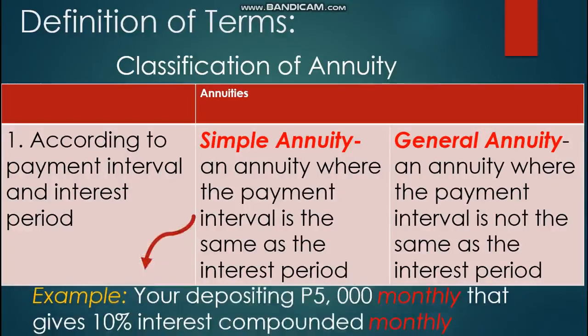For example, nag-deposit ka ng 5,000 monthly, and it gives 10% interest compounded monthly. So mapapansin nyo, yung payment interval is monthly, ang interest period mo is also monthly. Since parehas yung payment interval sa interest period, tatawagin siyang simple annuity.